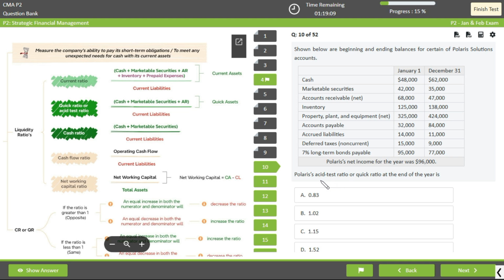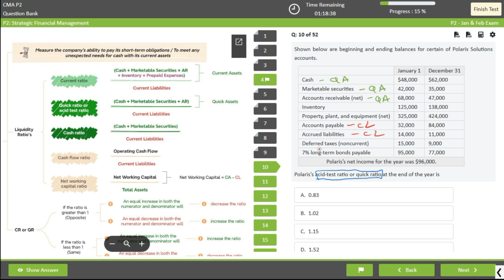Next, here they are asking about the acid test ratio or quick ratio. Let us mark the quick assets first. Cash is your quick asset, marketable securities is your quick asset, accounts receivable is your quick asset. We don't include inventory, we don't include property, plant, and equipment. Accounts payable is your current liabilities, accrued liabilities is your current liabilities, deferred taxes is not included in current liabilities, and the seventh term, that is long term, is not included.